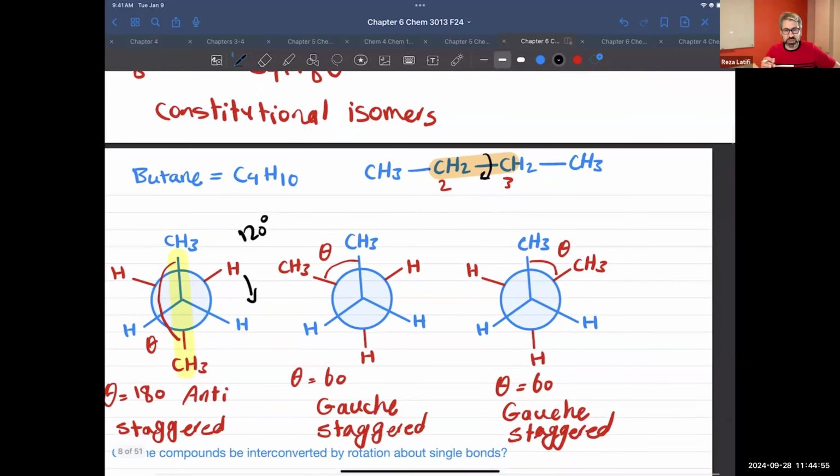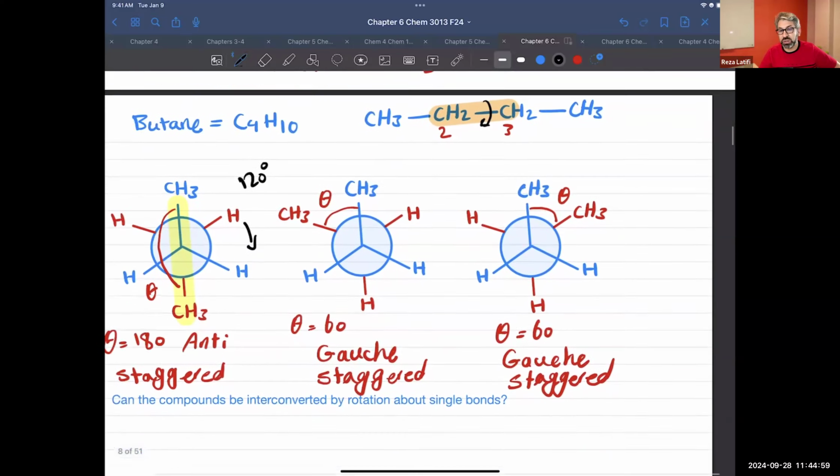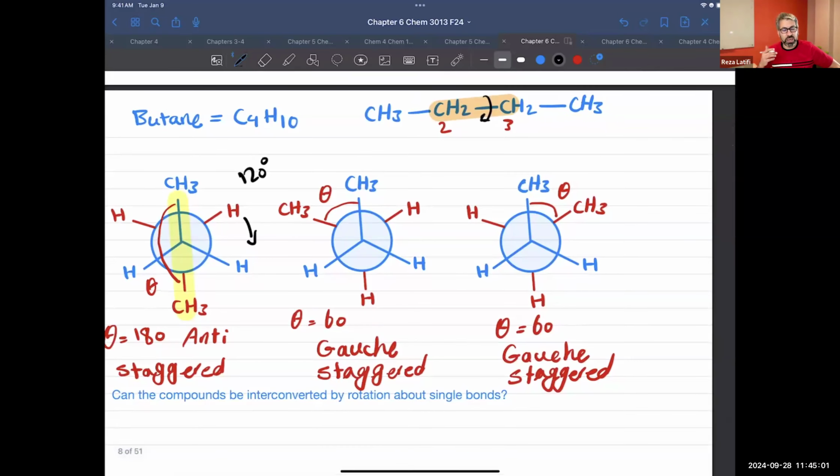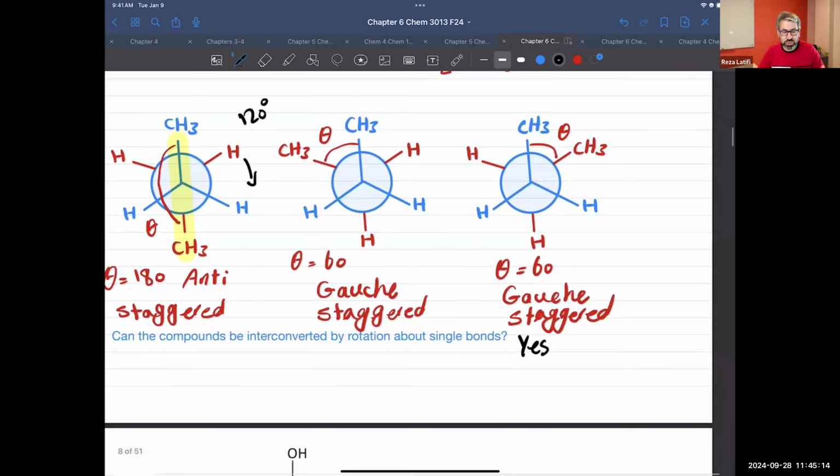Through that rotation over a single carbon-carbon bond, we managed to get 3 different structures. And so the question is this: can those compounds be interconverted by rotation about a single bond? In this case, yes, we managed to get 3 structures through rotation.